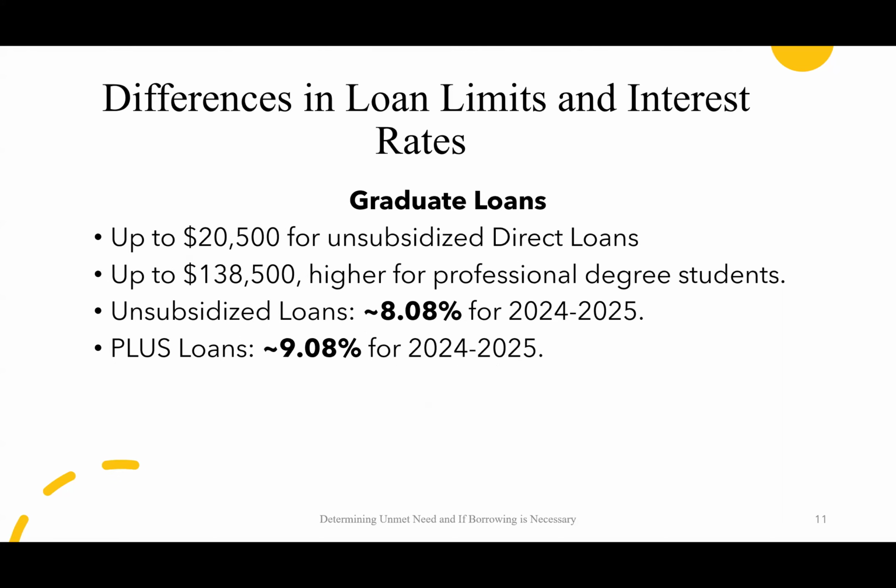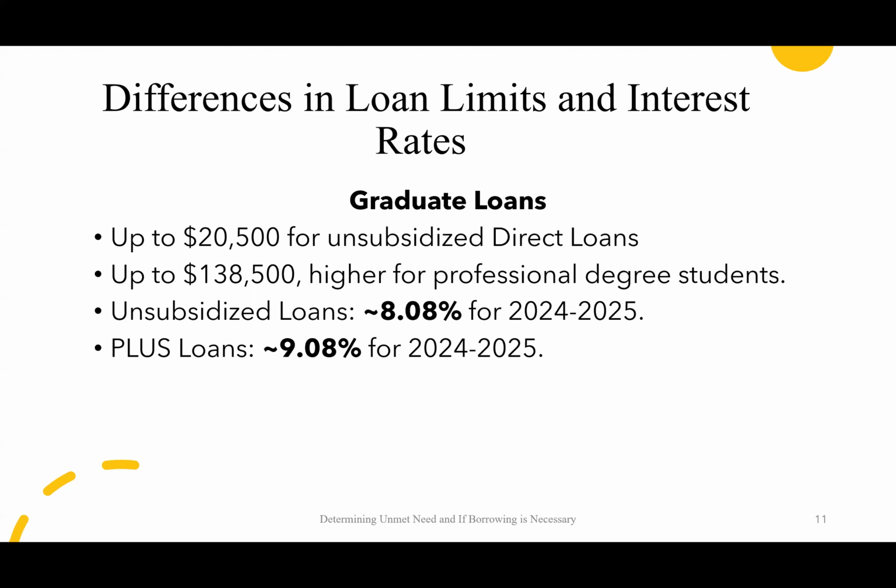All right, next, switching gears into the graduate loans. Graduate students can borrow up to $20,000 for the unsubsidized direct loans and up to $138,500 for high professional degree students. The interest rates for the unsubsidized loans are right around 8% for the 24-25 year.